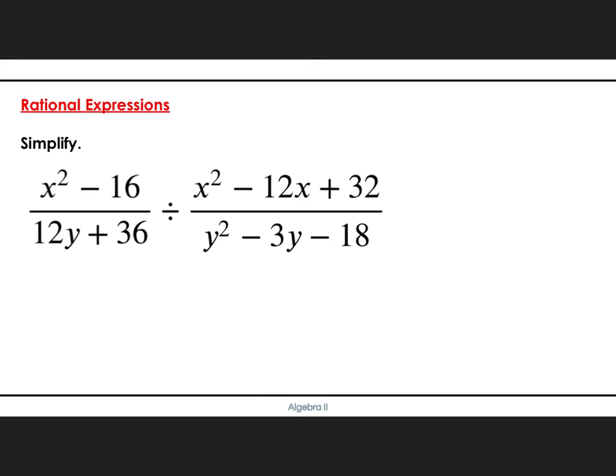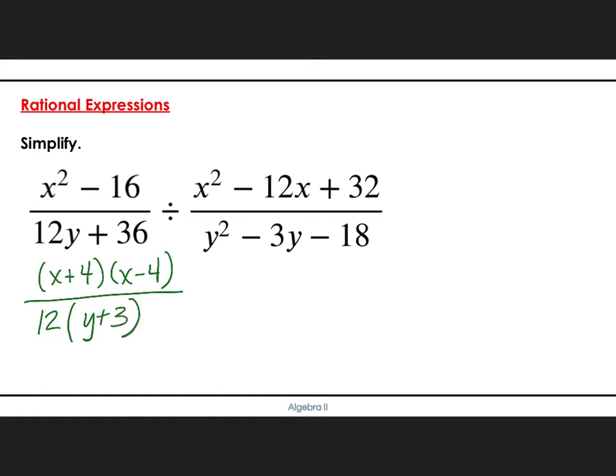So x squared minus 16, I know, is the difference of two squares, and that factors to x plus 4, x minus 4. And then the denominator, 12y plus 36, I can do greatest common factor. I can factor out a 12, and then 12 times y will give me 12y, and then plus 3 will give me 36 because 12 times 3 is 36.